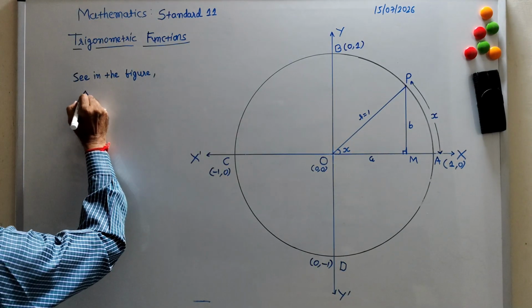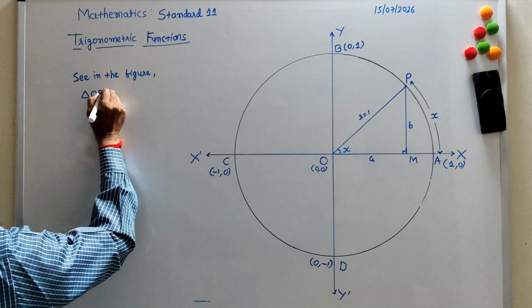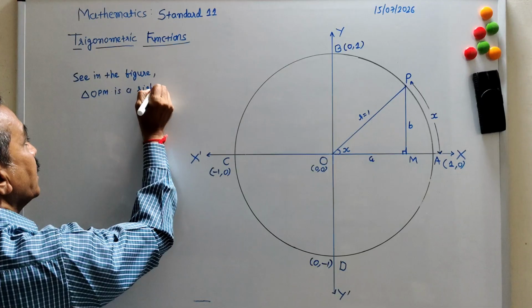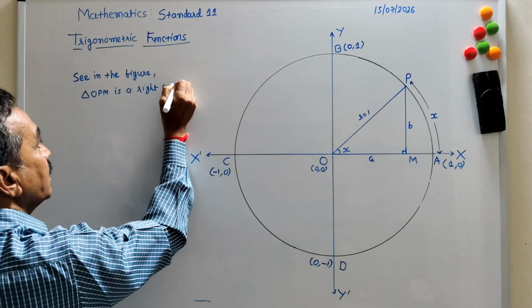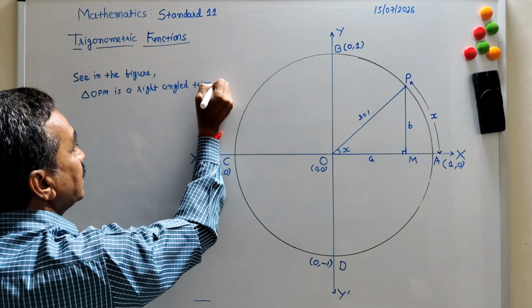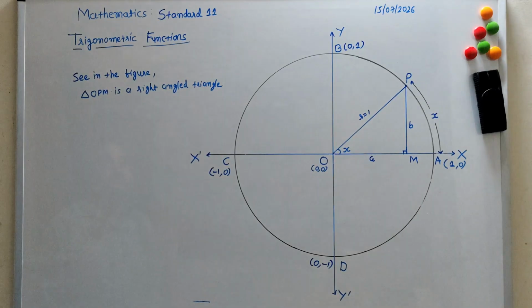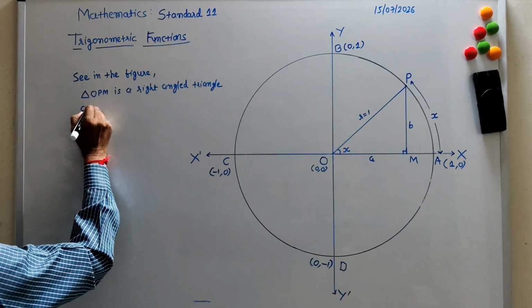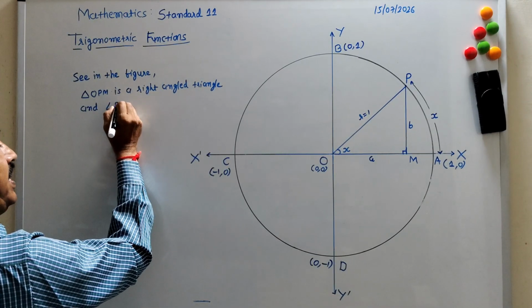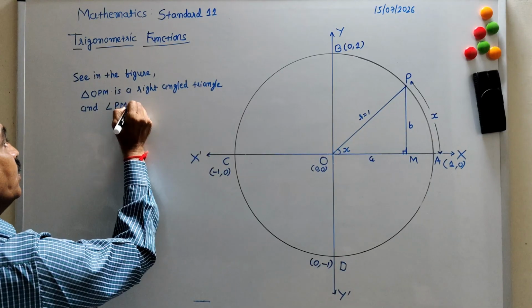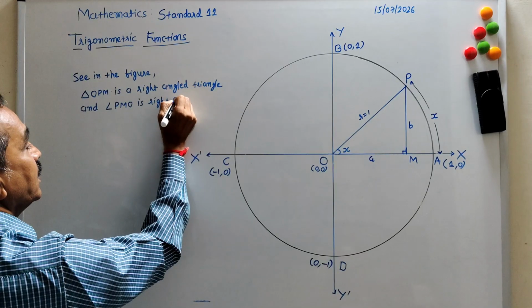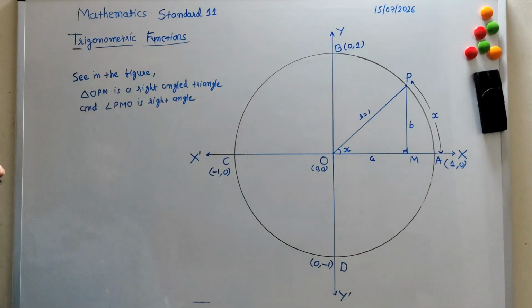Now see in the figure. Triangle OPM is a right angle triangle, and angle PMO is the right angle.